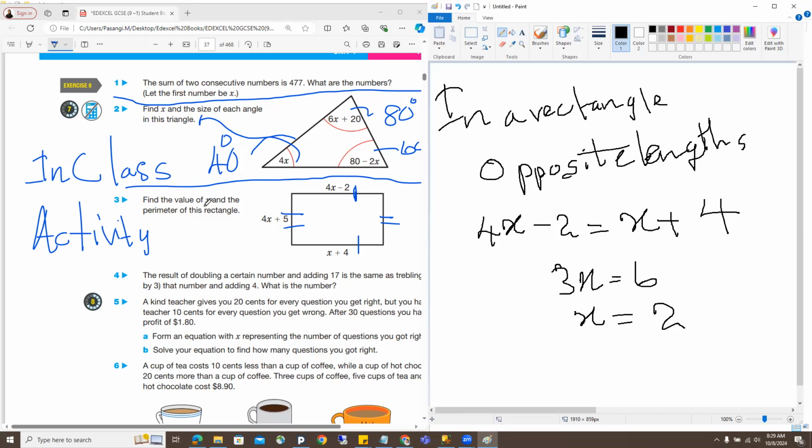So they have asked you to calculate the perimeter. Perimeter means the total length of the rectangle. Before finding out the total, you have to calculate the lengths of each side. First, calculate the length of each side.